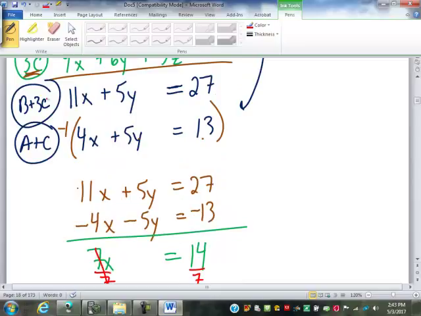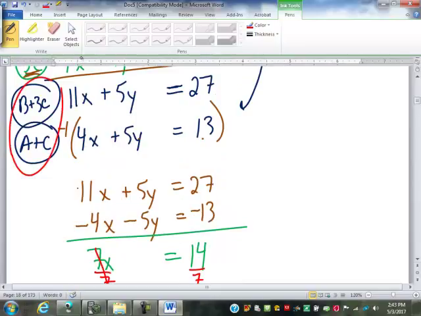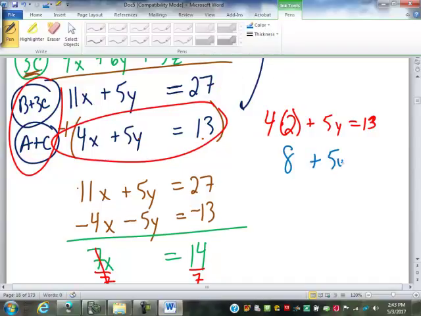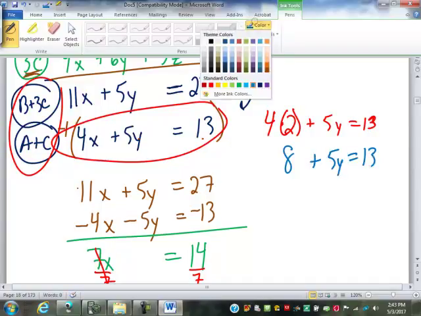So now we got to go back through and find y and z. So I go back to my two variable system here first. I'll put x into one of them. Let's just use the bottom one here. 4x becomes 4 times 2 plus 5y equals 13. So 4 times 2 is 8 plus 5y equals 13.